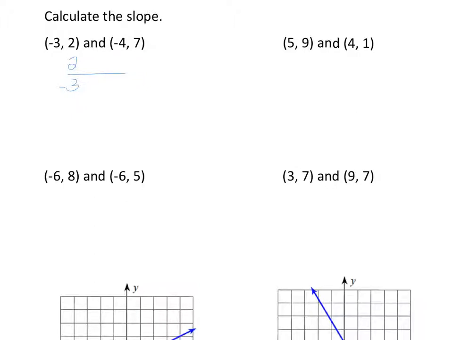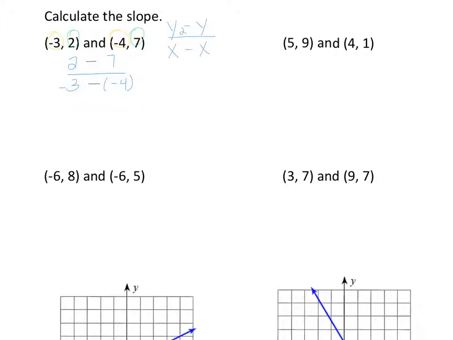We subtract 7 and -4. Notice that I did the 2 and the 7 on top, and then the -3 and the -4 on bottom. This is because you want to subtract y minus y over x minus x.